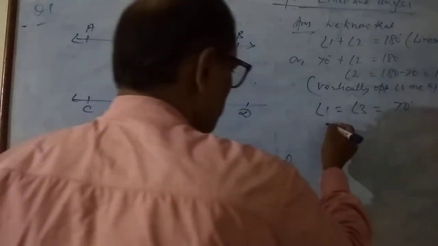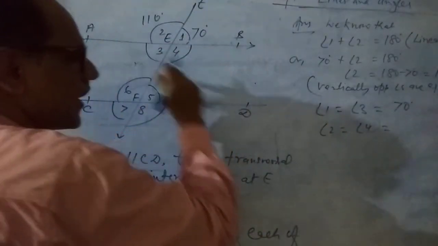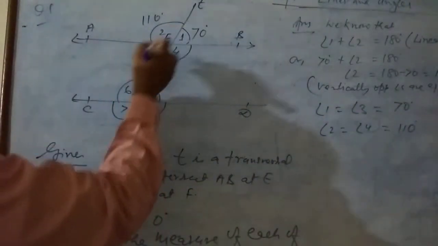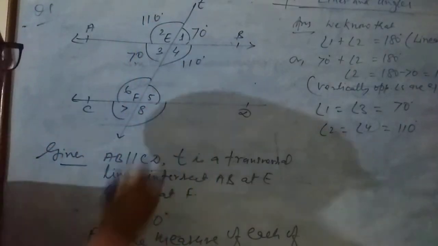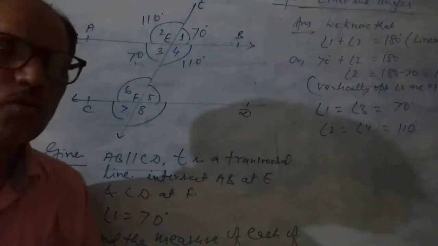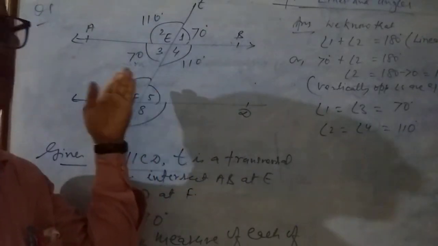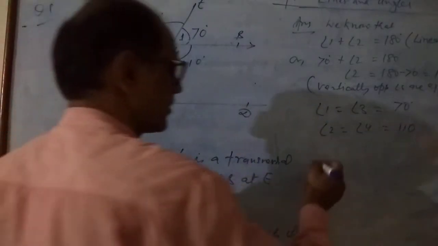Angle 2 is equal to angle 4, which is 110 degrees. Now find angle 5, angle 6, angle 7 and angle 8.